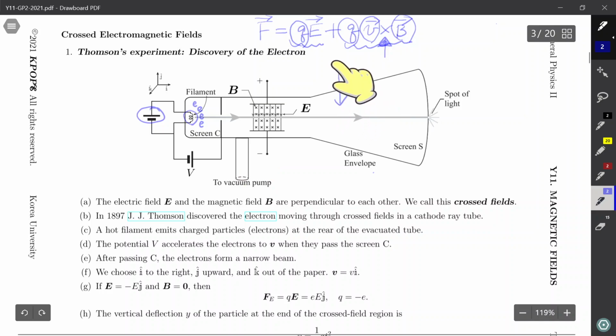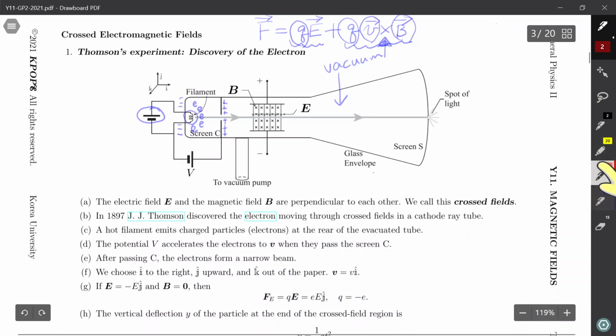inside this tube is almost a vacuum. The electrons are accelerated. In order to have the electrons accelerated, we put positive charge on it, relative to here, so negative.